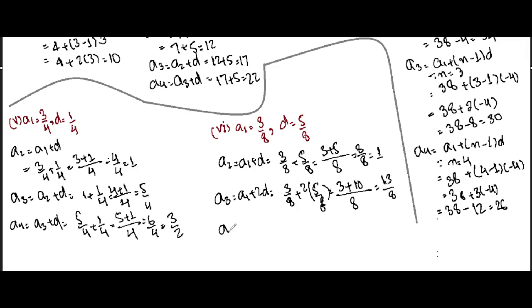Now we have A4 equals A1 plus 3D, which is equal to 3 by 8 plus 3 into 5 by 8, which is equal to, taking 8 as LCM, 3 plus 3 fives are 15, which is equal to 18 by 8, which is equal to 9 by 4. So we are done with the sixth part.